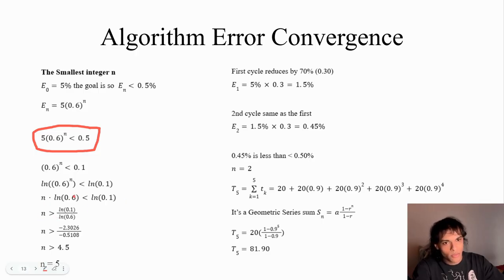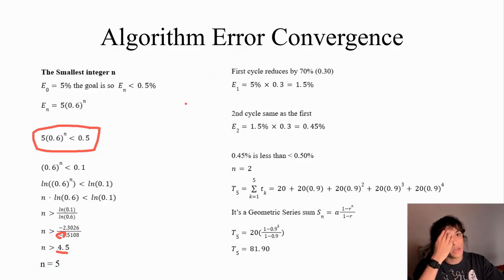So we put it on this side. After taking the logarithm of both of these, we found that they're both negative. So taking this to the other side will flip the sign of the inequality. So we took it to the other side, we flipped the inequality, and we got a number of 4.5, right?